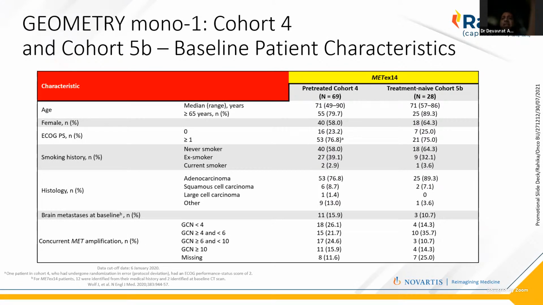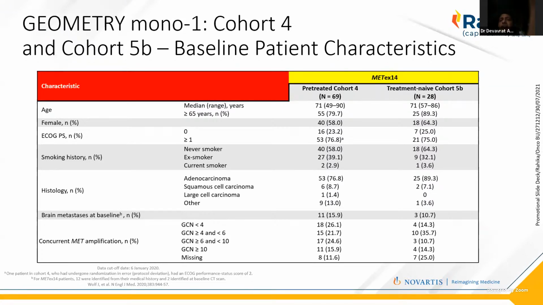So these are the baseline patient characteristics, and we are focusing predominantly on cohort 4. Remember, cohort 4 was MET exon 14 skipping. They were pre-treated patients in cohort 4, and then treatment naive in cohort 5B. When you look at age, the median age was around 71, and PS on expected lines.